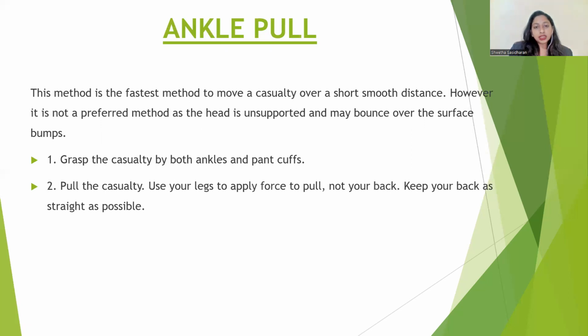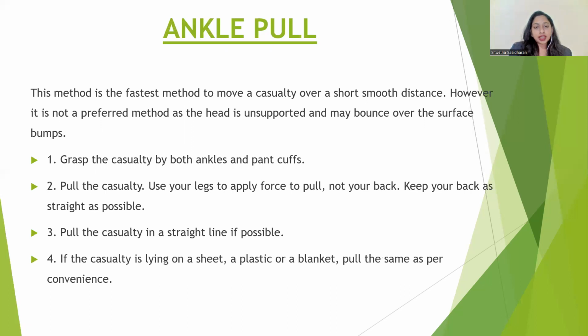Use your legs to pull, not your back, because the weight of the person can affect your back. Make sure you pull towards you with the help of your legs, not your back. Pull the casualty in a straight line if possible.